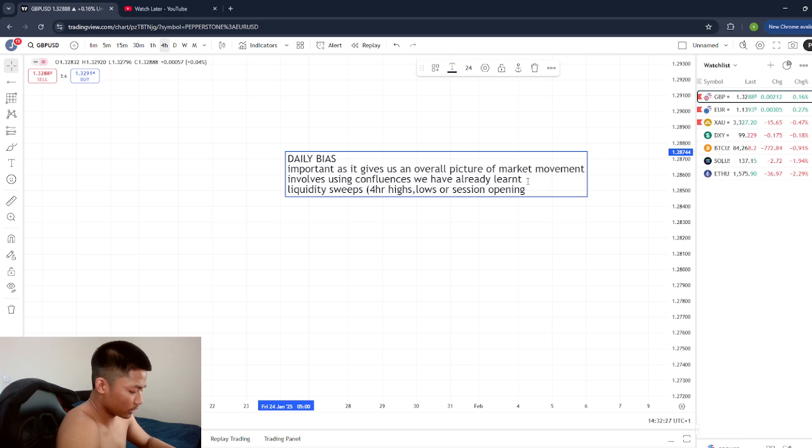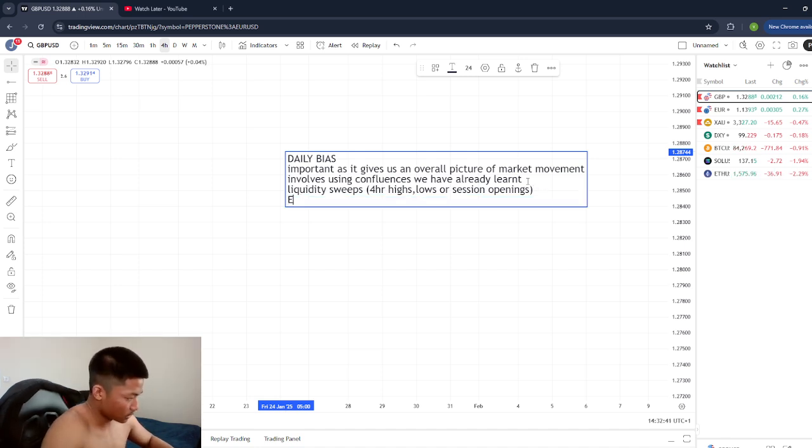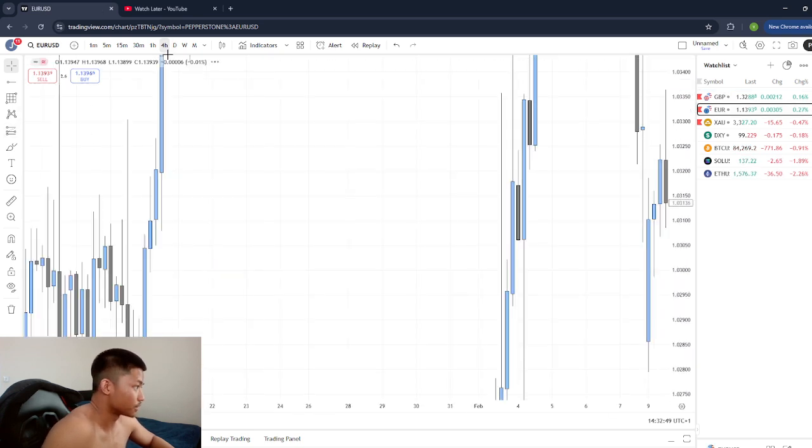I haven't really got into that, which I'll get into within the next episode. But for now, we'll do the main liquidity sweeps, as well as EQ, which is equilibrium. Those are the ones, okay? So, let's hop into Euro charts for today.